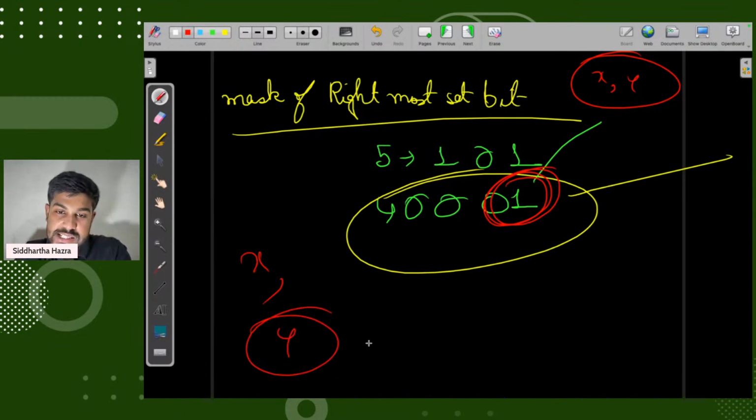So this mask allows us to segregate x and y. The rightmost set bit is the thing that allows us to differentiate between x and y. So we take out the mask of the rightmost set bit, and if we do the AND operation, then in one of them, either x or y, the rightmost set bit would be turned off. Let us summarize everything in Hindi.